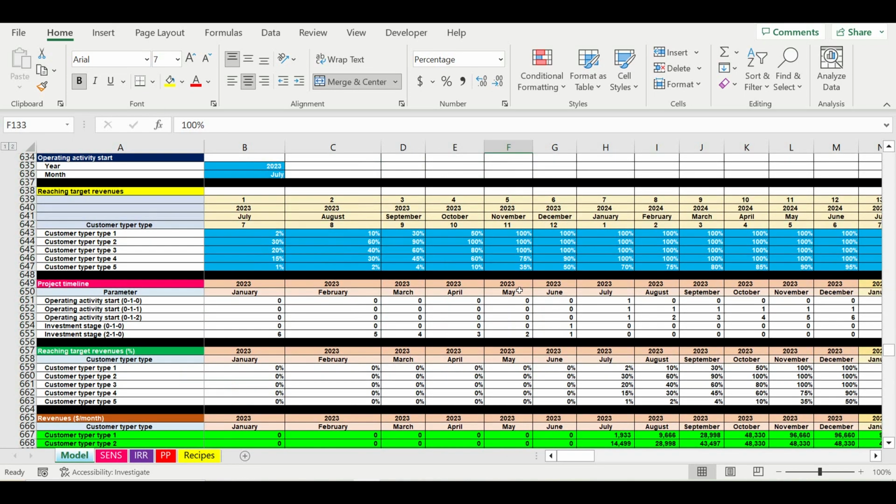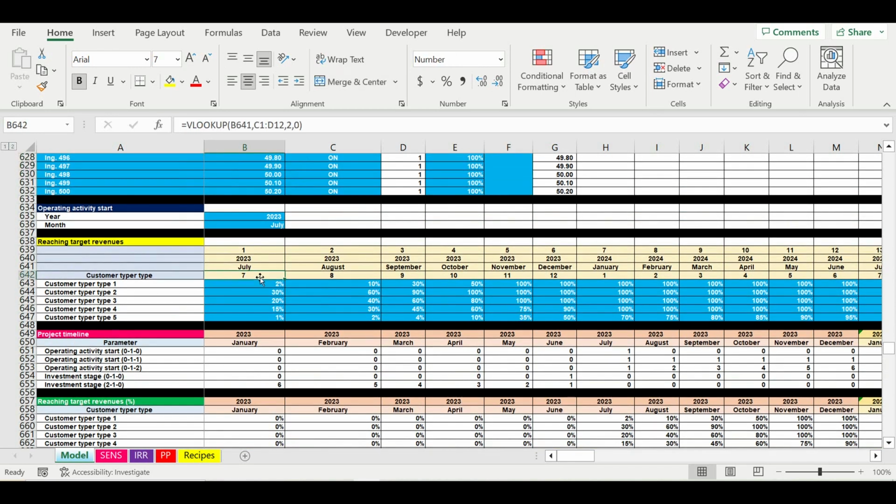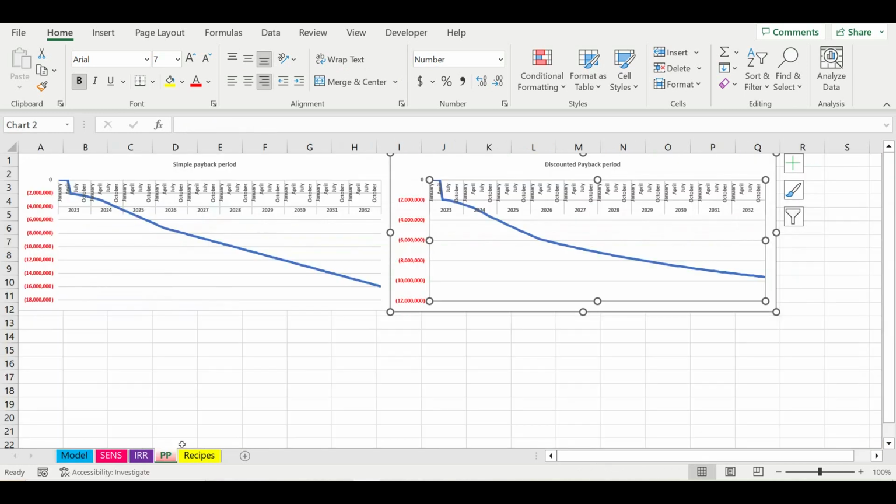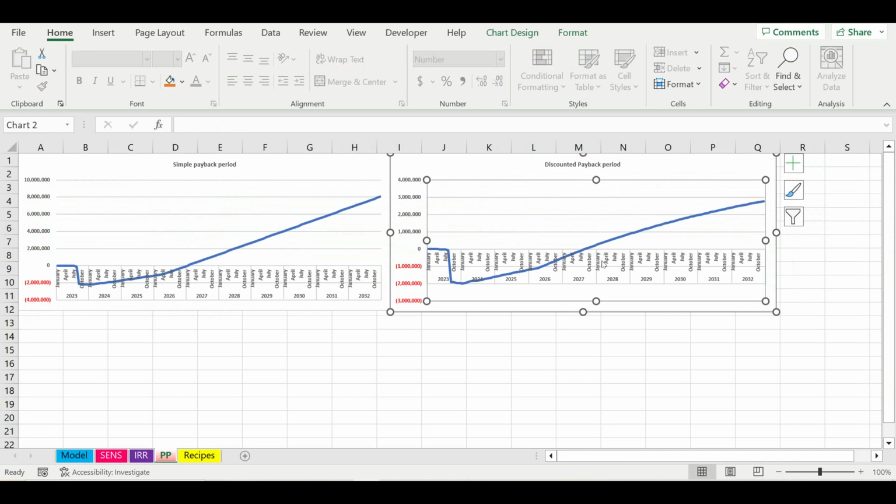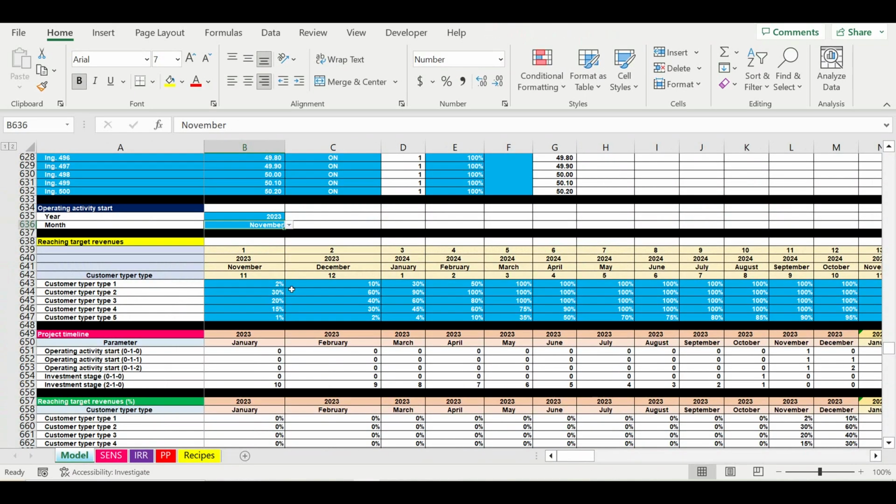Then it is very important, for example, to have an opportunity to displace the project in the timeline. So, for example, we can easily displace the project to November 2023, or we can displace the project to 2024.